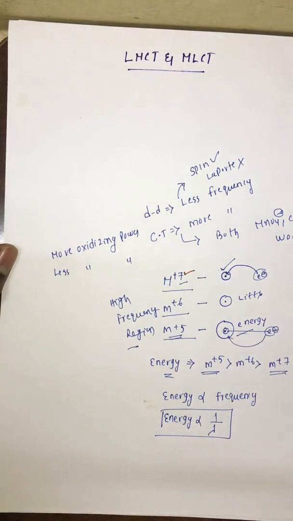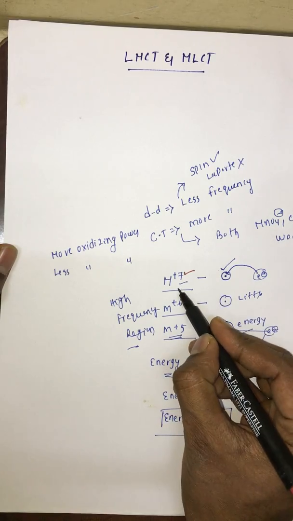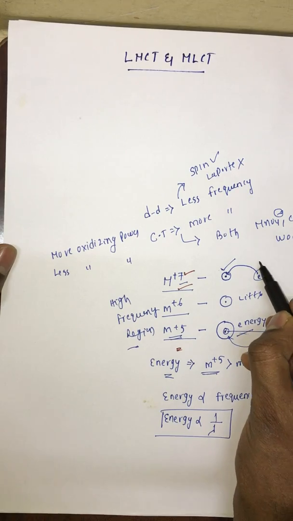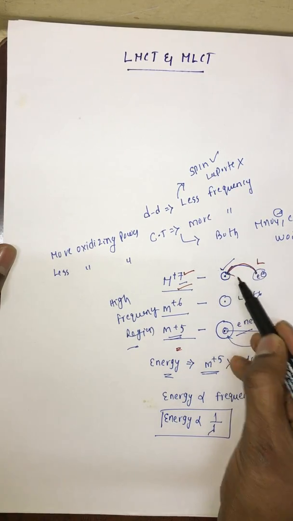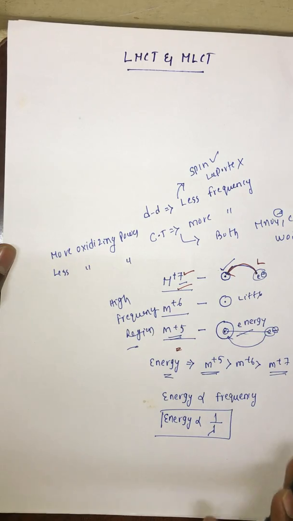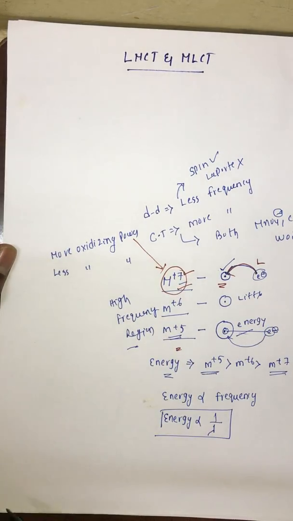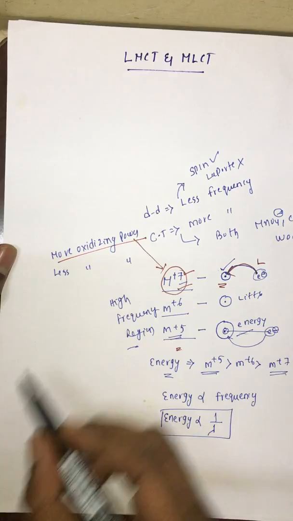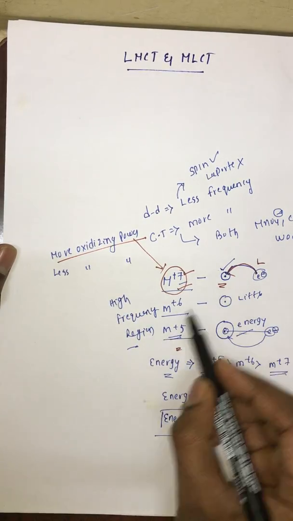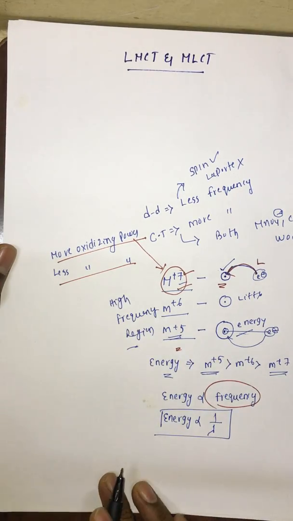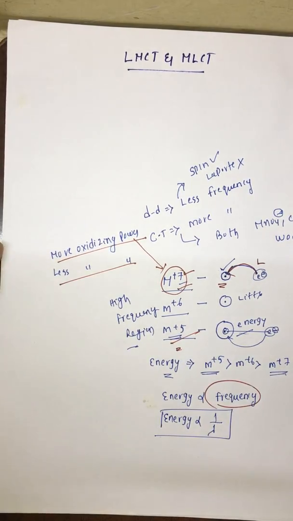Here it's +7, so this will have more oxidizing power compared to this. We can also say that if ligand electrons are there, it can easily attract the electrons from the ligand. That means the metal is oxidizing the ligand. That's why M+7 has more oxidizing power. The complexes which have more oxidizing power come at a less frequency region, and complexes which have less oxidizing power come at a more frequency region. I just want to highlight this point.